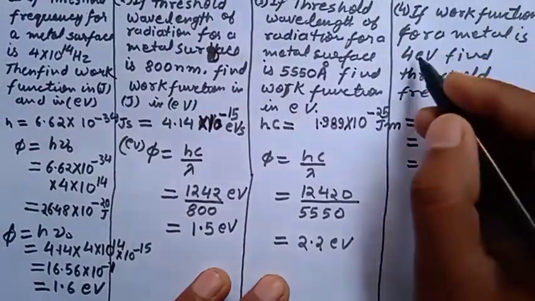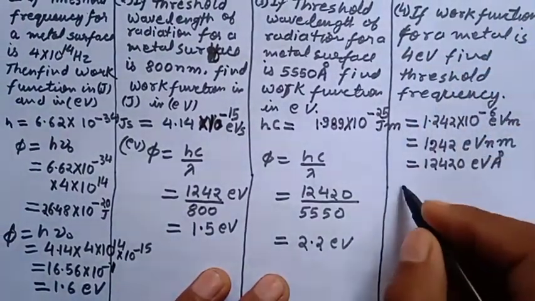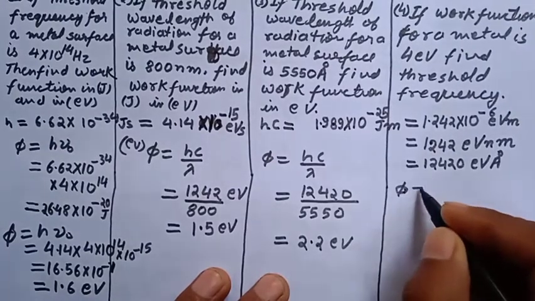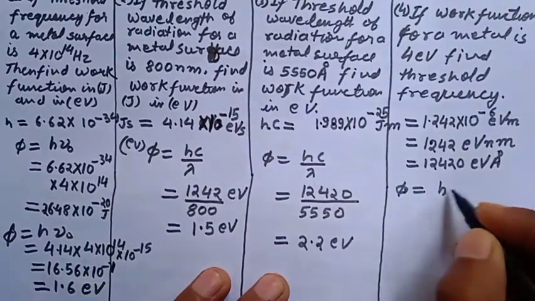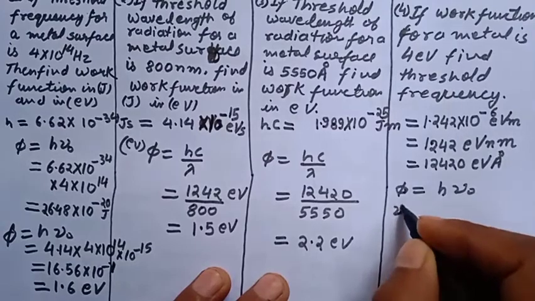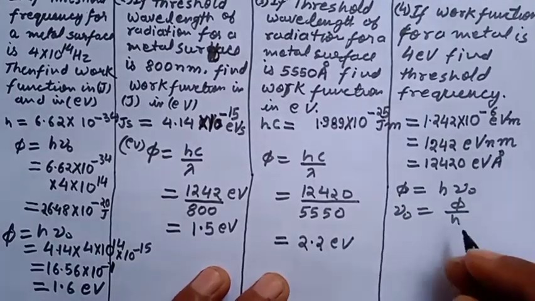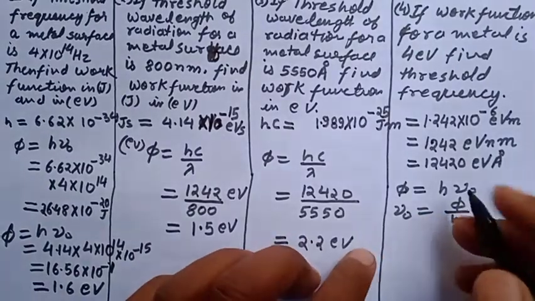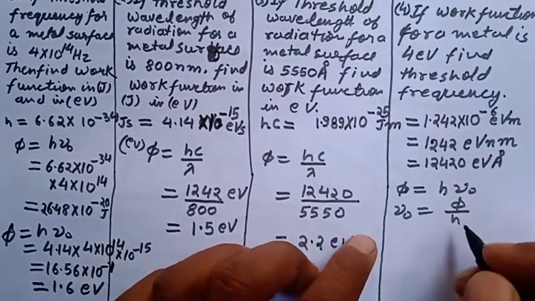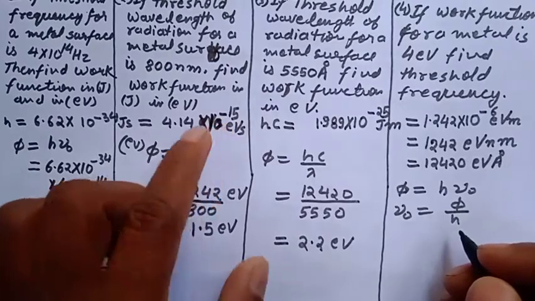If the work function is 4 electron volt, then the threshold frequency. So here phi equal to h nu naught. So we have to find nu naught. It is better to use phi in electron volt, so it is better to use the electron volt value of h.